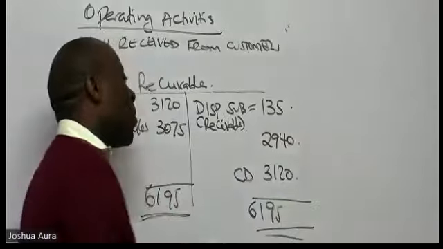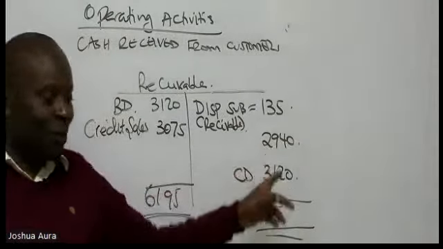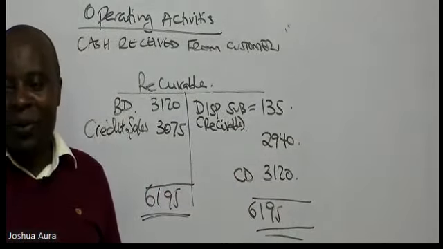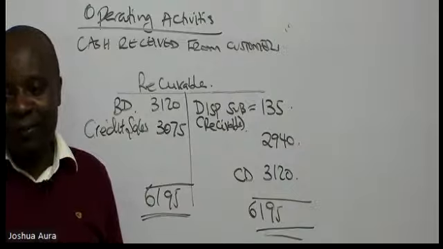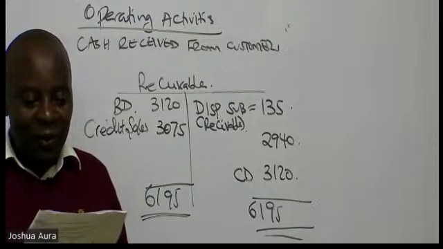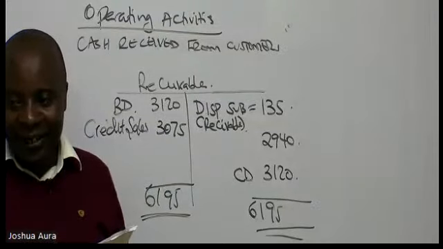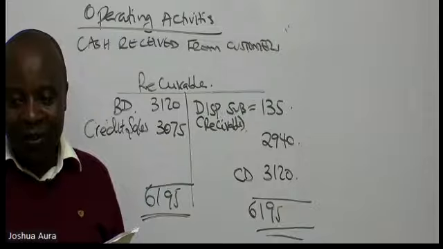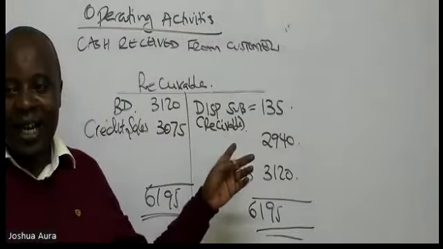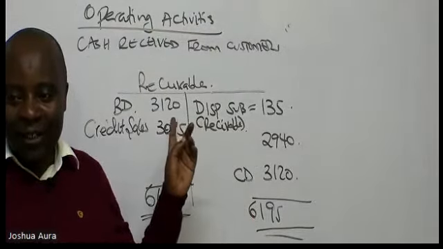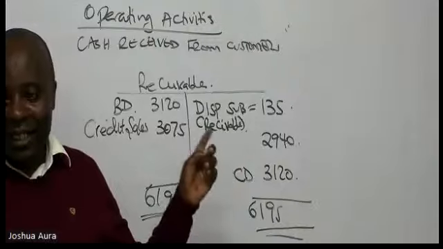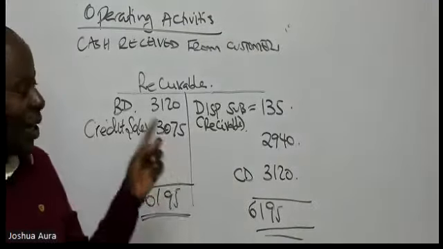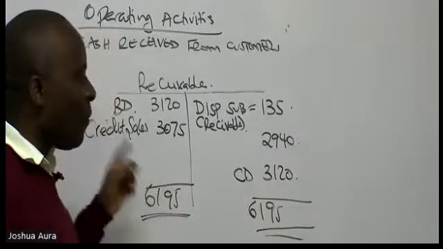What name do we give to this 2940? This must be the cash that we received from our customers, isn't it? Cash receipts received from customers.